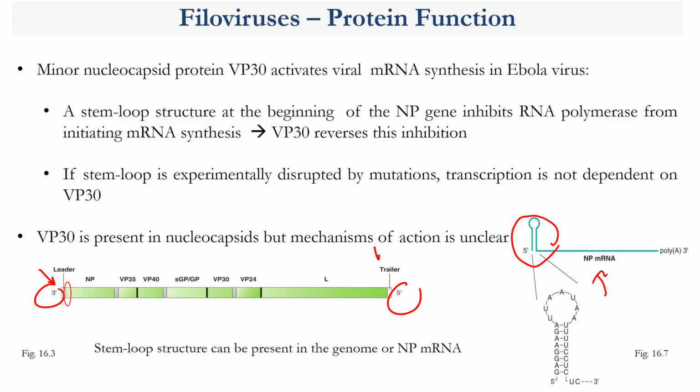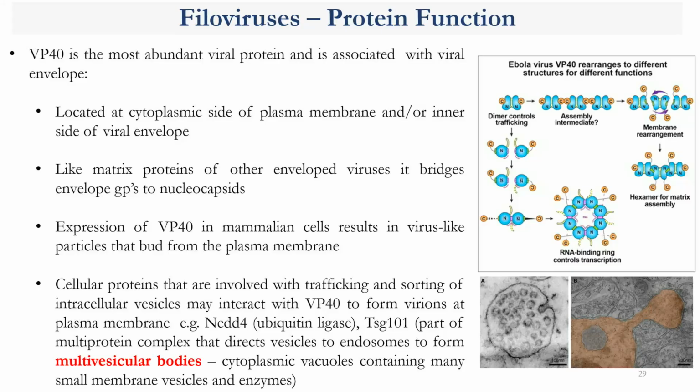Now, if we continue on, what we see is one of the most abundant viral proteins that's associated with the envelope is VP40. It's located at the cytoplasmic side of the plasma membrane or the inner side of the viral envelope, okay? So here's your VP40, and if you have, for example, a dimer, it controls how the virus moves through the cell. So it controls the trafficking of the virus, okay?